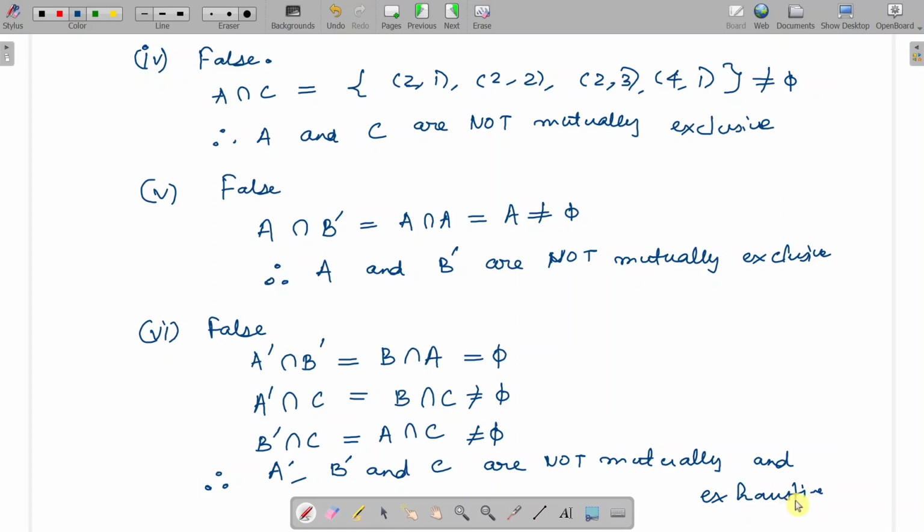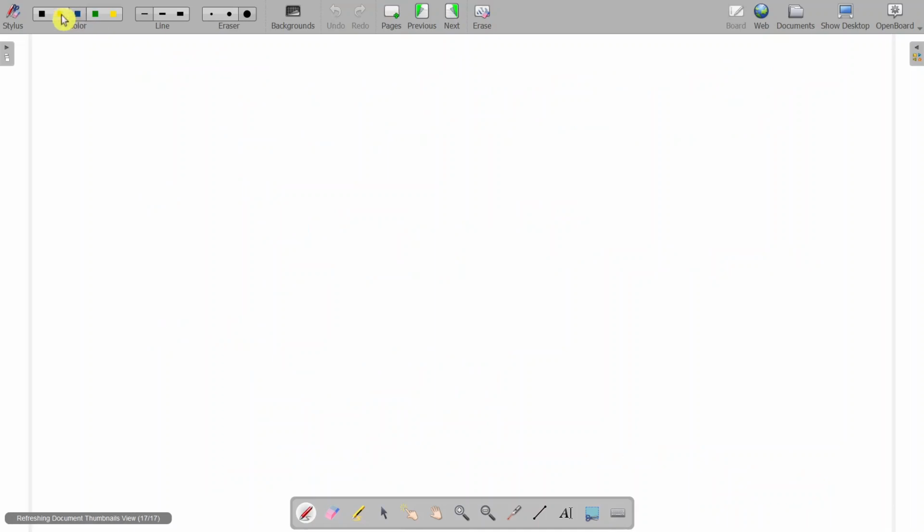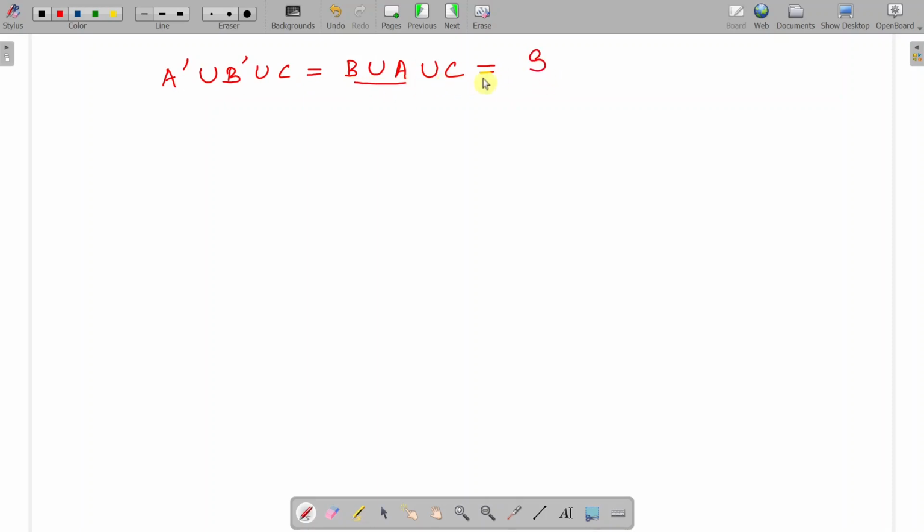Now see, if you look at A complement union B complement union C, what we will get is B union A union C. So this gives us the sample space, and union with C will give us the sample space only, right?